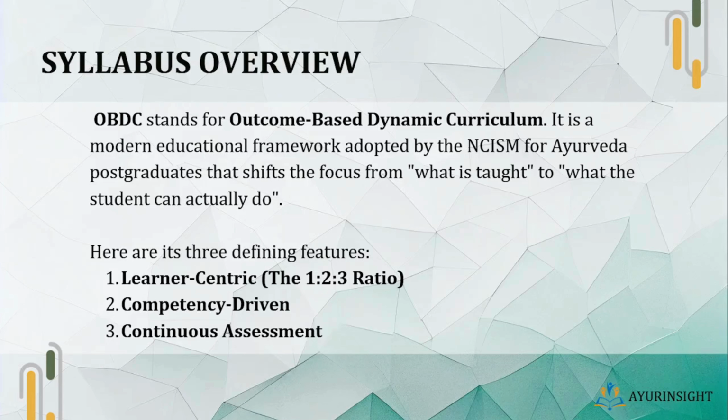So if you have 1 hour of theory for a particular topic, you should have 2 hours of practicals and 3 hours of experiential learning. More focus is given to how you implement the topic rather than the theory part of it. Theory is important, but more focus is given to application of the particular topic.